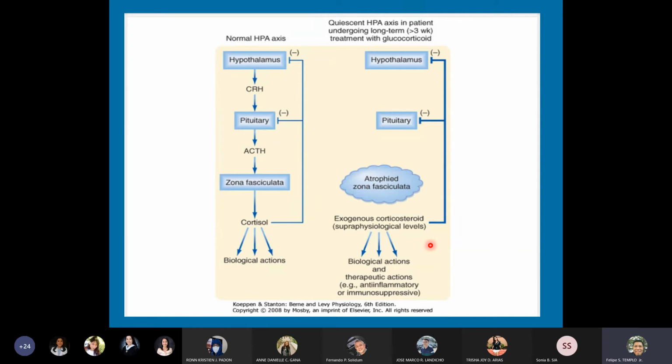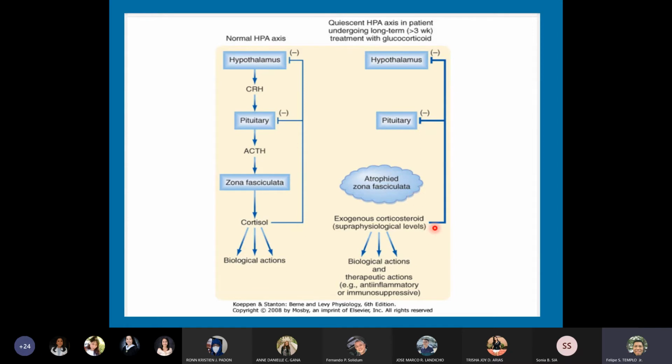By day 22, you will start taking 8 milligrams of steroids per day. After maybe 5 days, you'll start taking 4 milligrams and 2 milligrams, depending. You have to taper slowly. By tapering your steroids, you will start to activate again your hypothalamic axis, so that your zona fasciculata will start again to produce their own hormones.